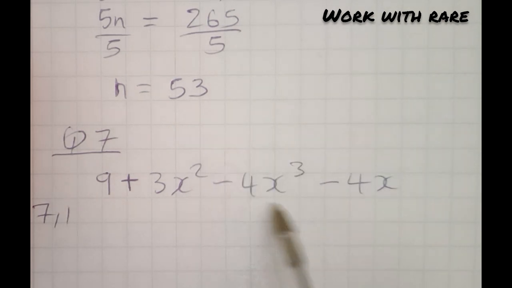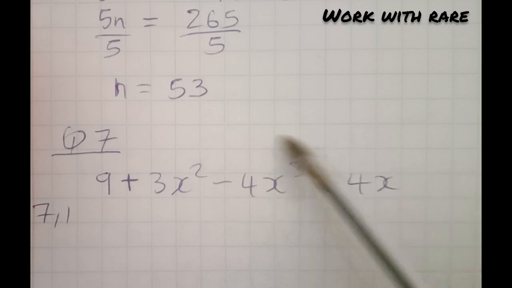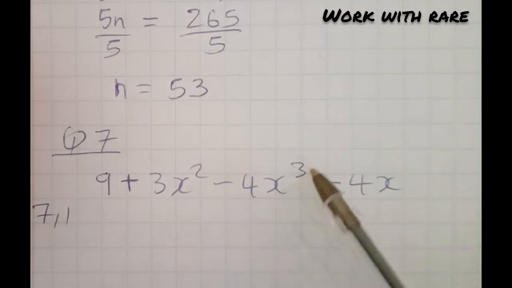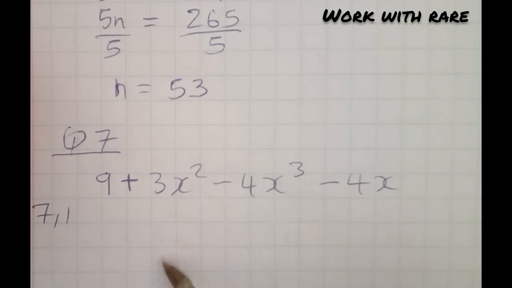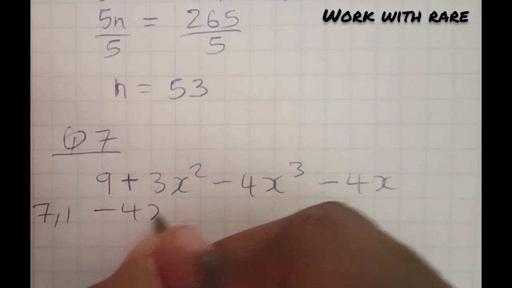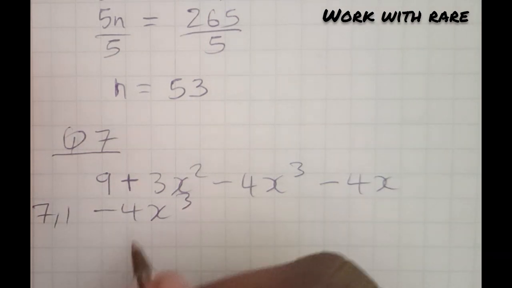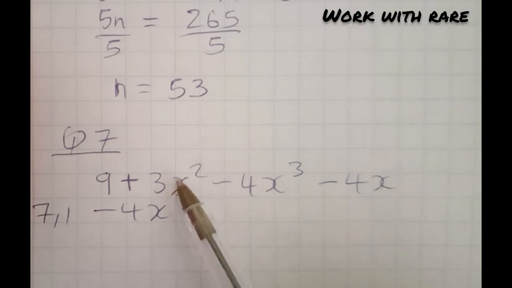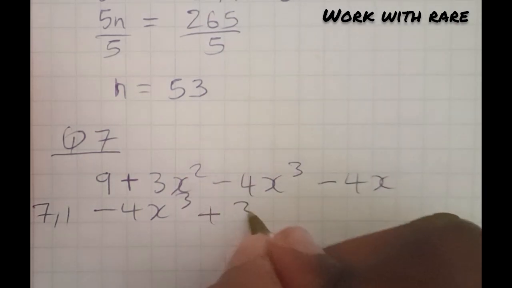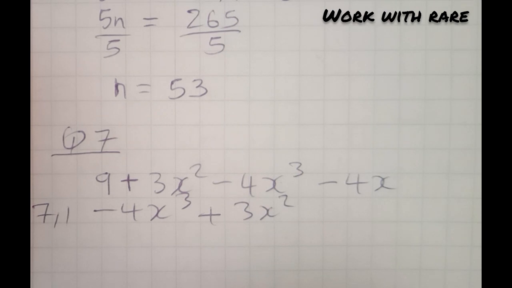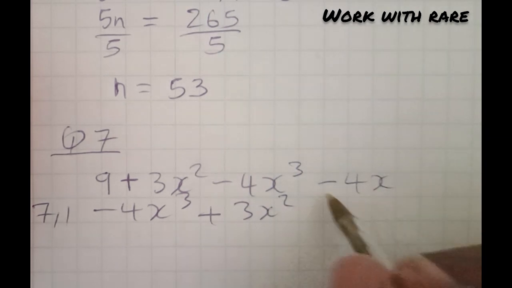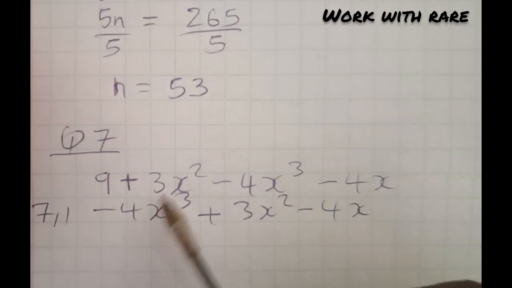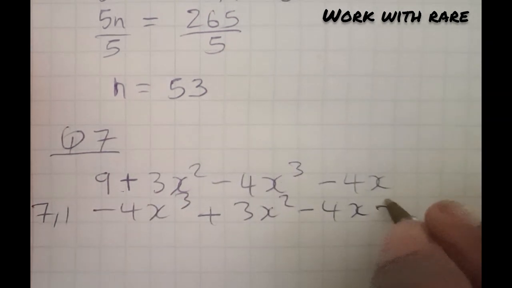The signs also matter, so I can't just start by writing 4x cubed. I'll have to say minus 4x cubed, because here it is minus. Then I have x squared, and here just x, so next is plus 3x squared. Now I can write the negative 4x, and here we didn't have a negative sign on the 9, so it will be plus 9.